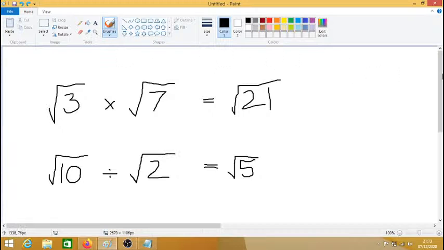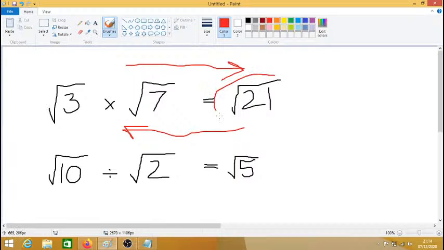And then we can go the other way as well. So if we want, we can split. Instead of going from right to left or left to right, we can go this way as well. I can take a surd written as a single number, and I can make that split into the timesing one or the dividing one.